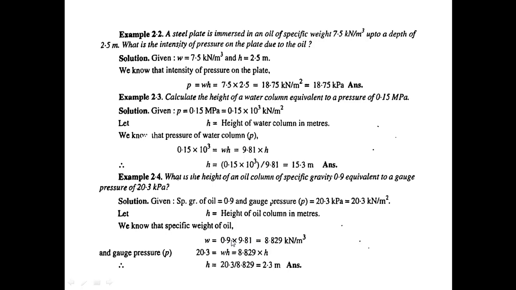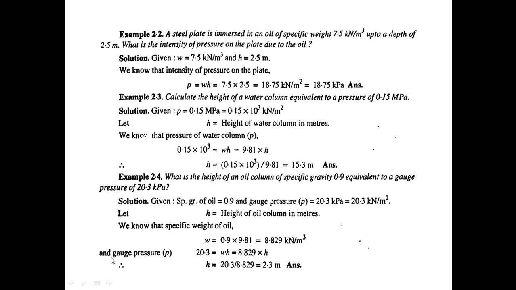So to find the specific weight of oil, we multiply the specific gravity by 9.81. So omega is equal to 8.829 kilonewton per cubic meter, which is the specific weight of oil.